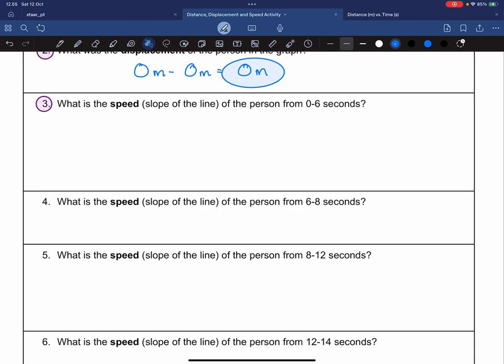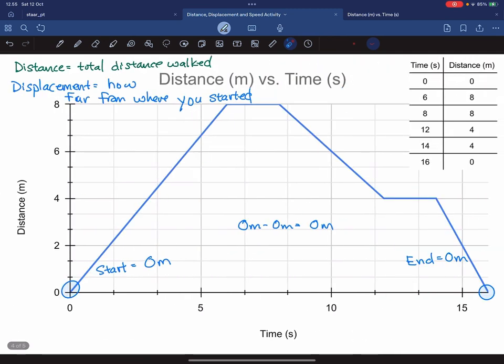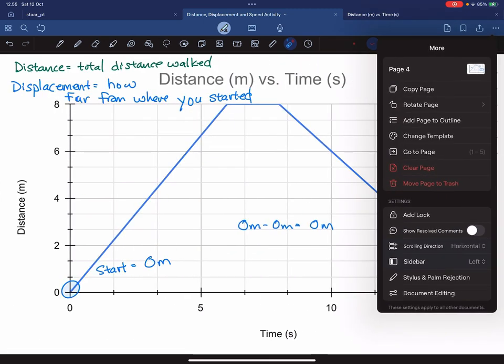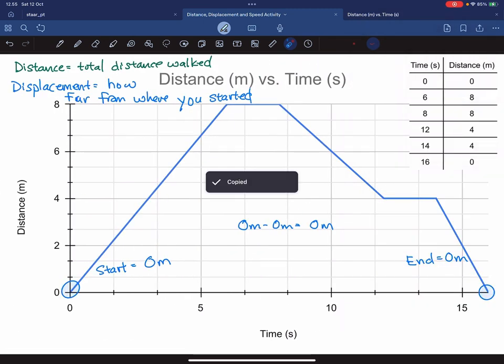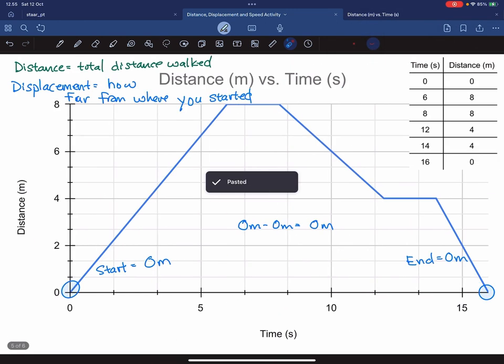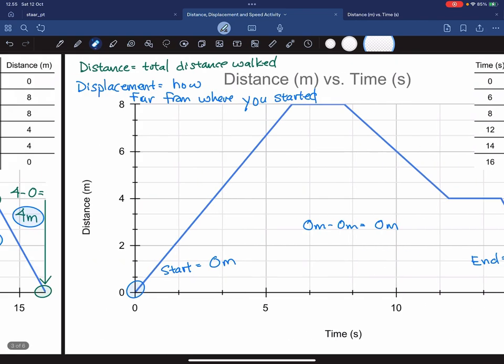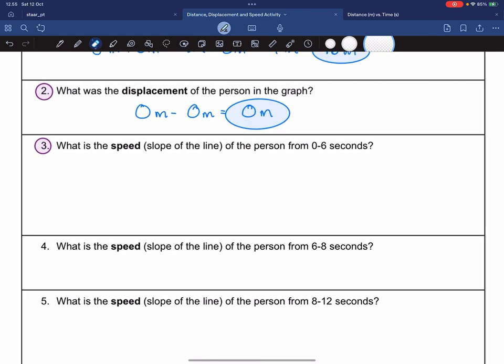And so we're looking for the speed from 0 to 6 seconds, all right? So I'm going to make myself another copy. I'm going to erase this, okay? And then I'm going to go back and copy that question into here.